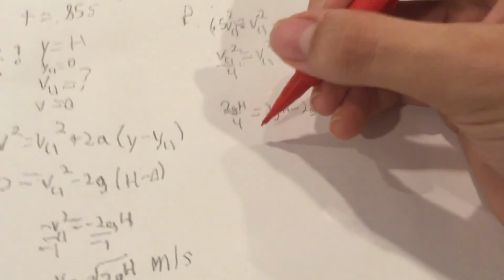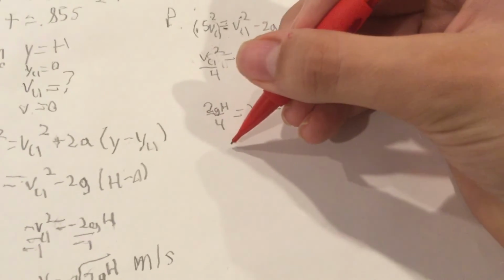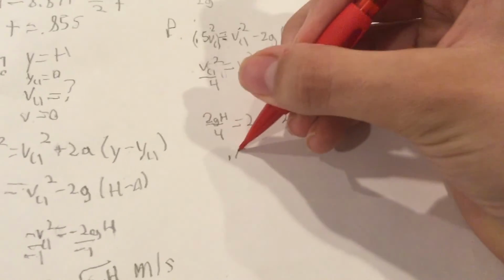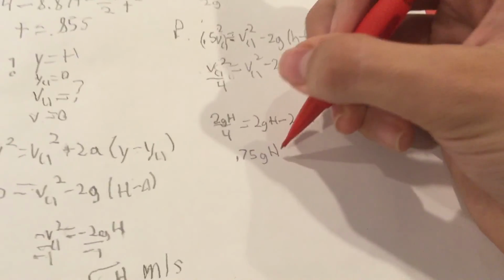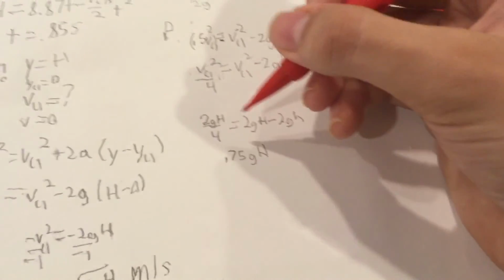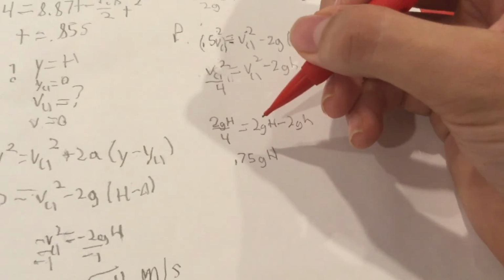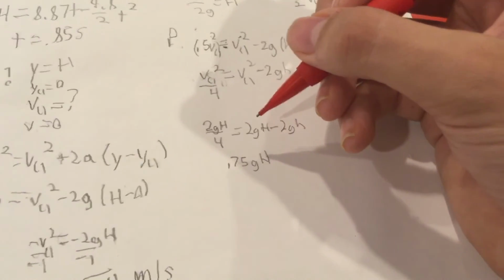Then we subtract from 1/2, and that will equal 0.75 gh.